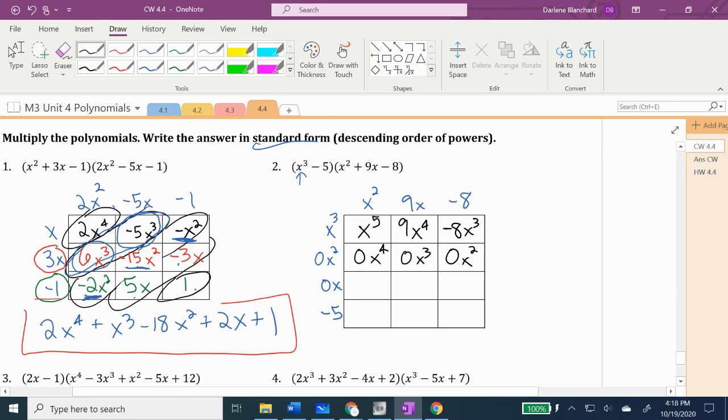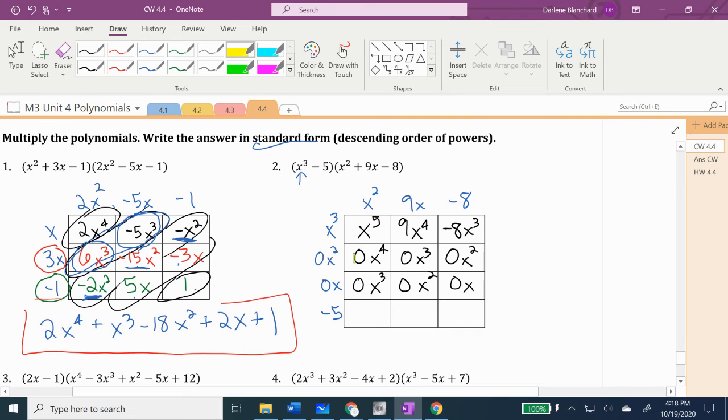And then here I have 0x times x squared is 0x to the third power. 0x times 9x is 0x squared. 0x times negative 8 is 0 times negative 8 times x. And again, I want to emphasize you do not have to do these two rows that I just did.